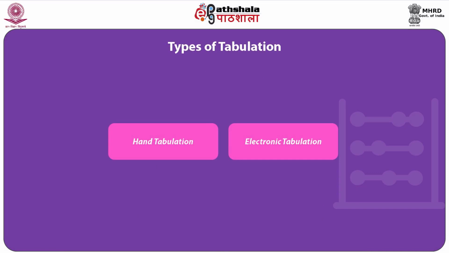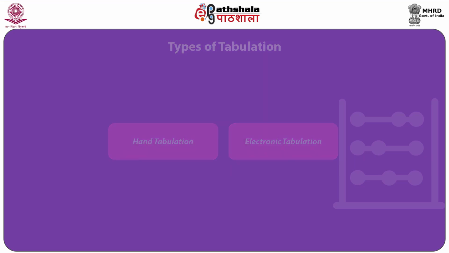The next type of data tabulation is electronic tabulation. This is popularly known as tabulation through computers. In recent years, especially after the invention of personal computers, that is PCs and laptops, and simultaneously with the development of different types of software for database management and analysis of data, simple to complex tabulation of both small or large size data has become much easier and sophisticated.